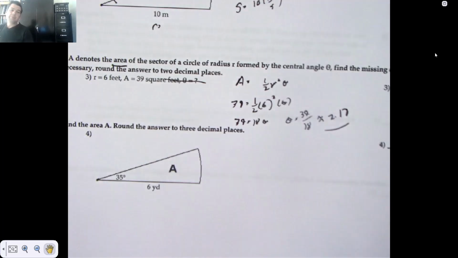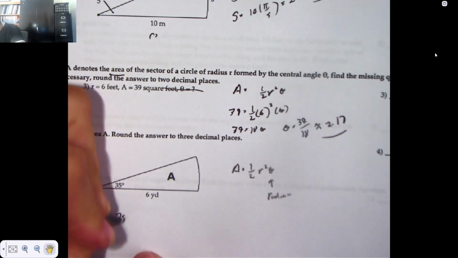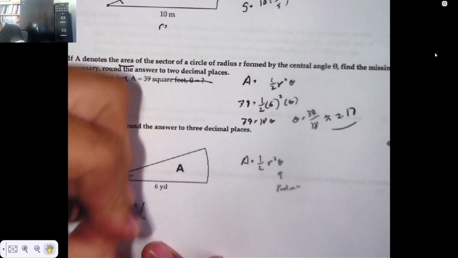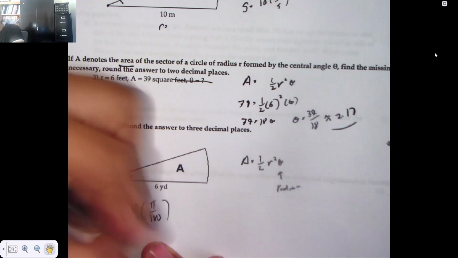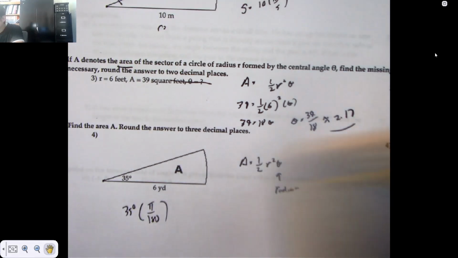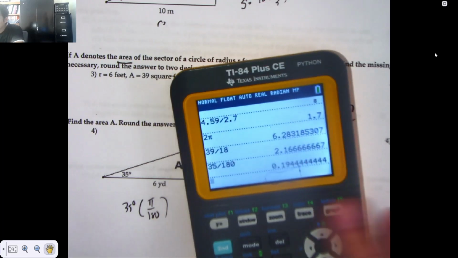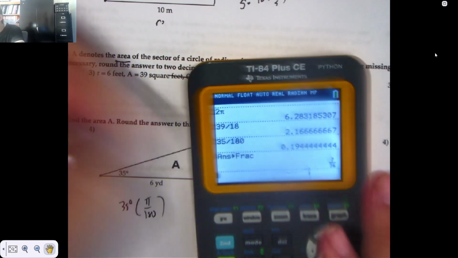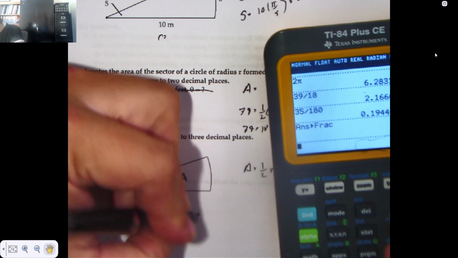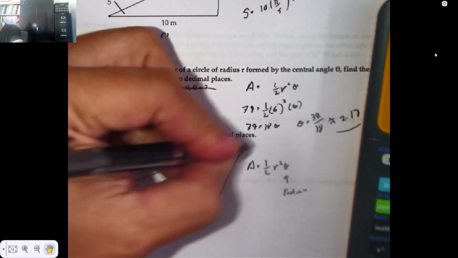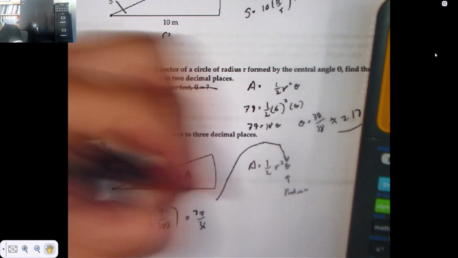Find the area. Round the answer to 3 decimal places. And again, the area is 1/2 r squared theta. That guy has to be a radian. So I'm going to take my 35 degrees, multiply it by pi over 180, and reduce that on down. See what 35 over 180 simplifies to. 7 pi over 36. And that is going to go there. There's my radius.